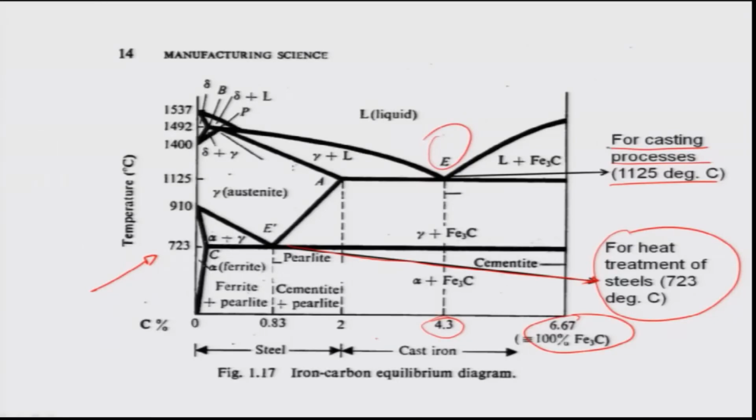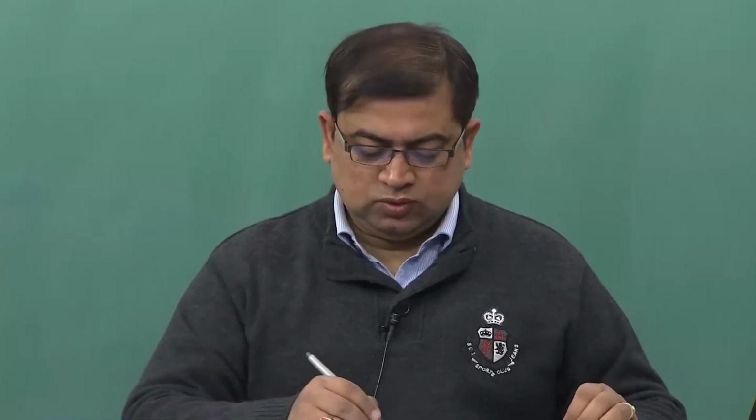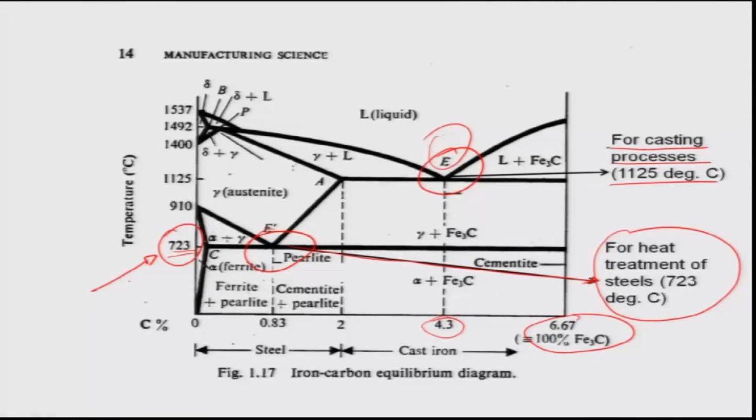So these are some of the temperatures which are used, and 723 degrees is very critical because you can change the properties of the material at this temperature by heating, cooling, and doing various chemical treatments or heat treatment processes like carburizing, nitriding, and so on. So this temperature is very critical from a materials properties standpoint.